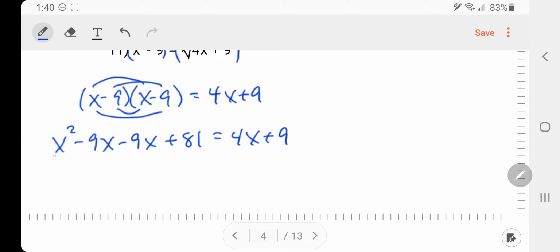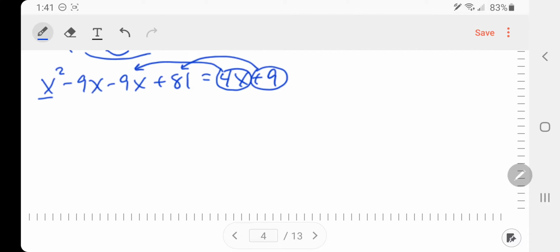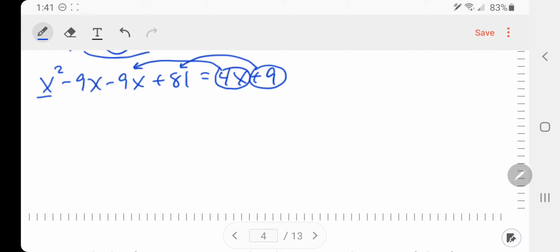Now, if you notice, we now have an x squared in the problem, which makes the equation quadratic, so we have to set it equal to 0. And so that means that we're going to bring the 4x and the 9 to the other side. So if we move those terms over and combine like terms, we're going to get x squared minus 9x and minus 9x is minus 18x, and a minus 4x is going to make minus 22x.